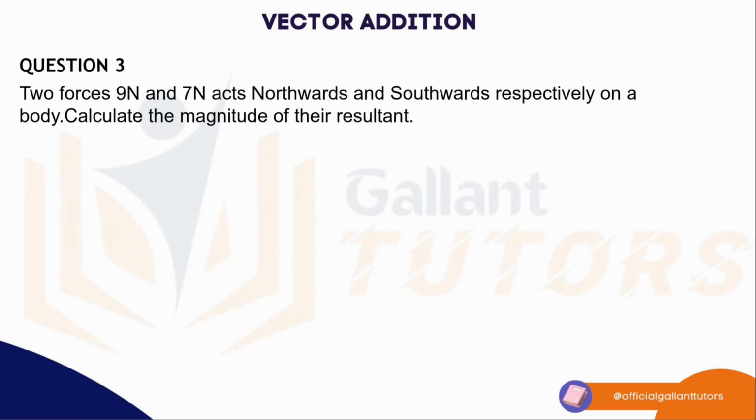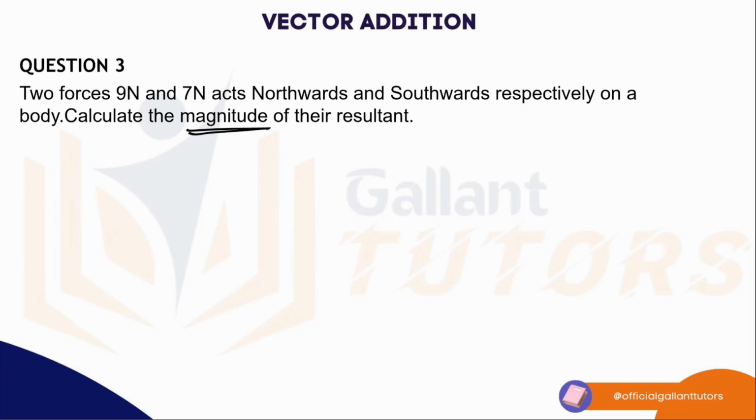Okay, to the next question. 2 forces, 9 Newton and 7 Newton, act northward and southward respectively on a body. Calculate the magnitude of their resultant. Now, they said magnitude of their resultant. So in this scenario, we don't need the direction, right?